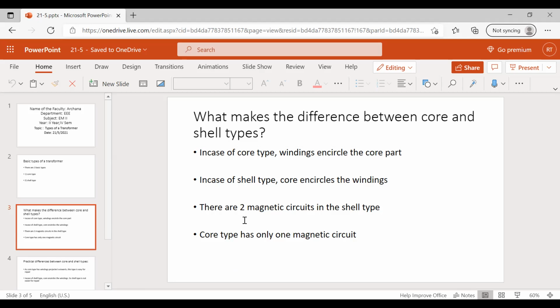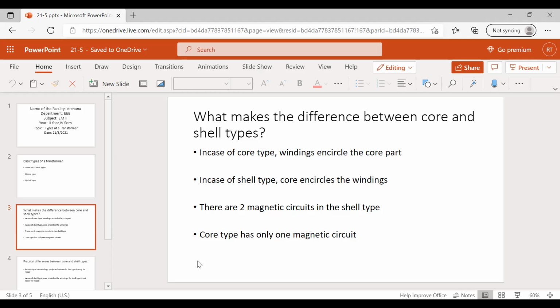As the windings are encircling the core in the core type of transformer, it looks like a single magnetic circuit. But in case of a shell type of transformer, the windings are not visible. The windings are completely covered by the core part.